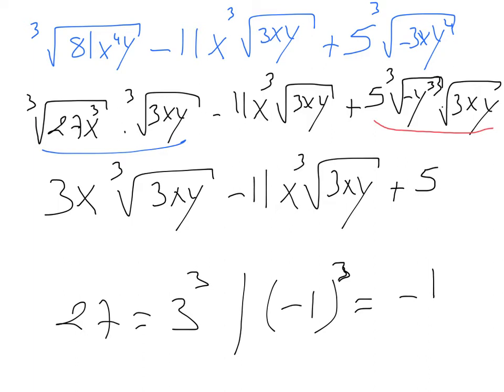So if we have -1 inside the third root, we can just take the negative outside. It doesn't matter. So we have -1 times y, okay?